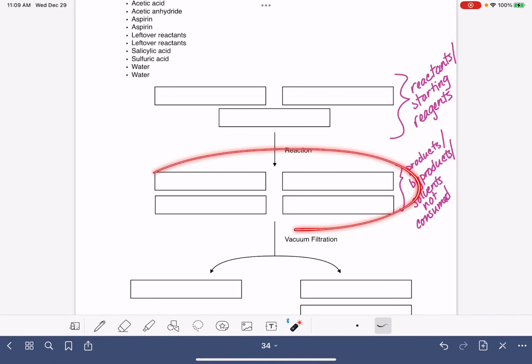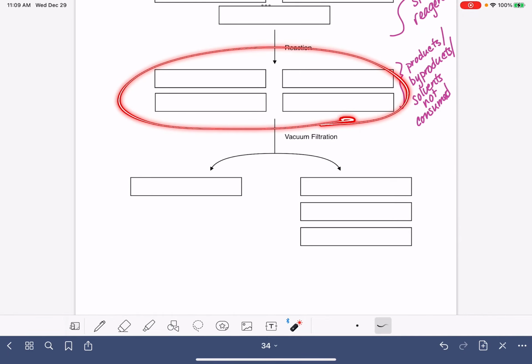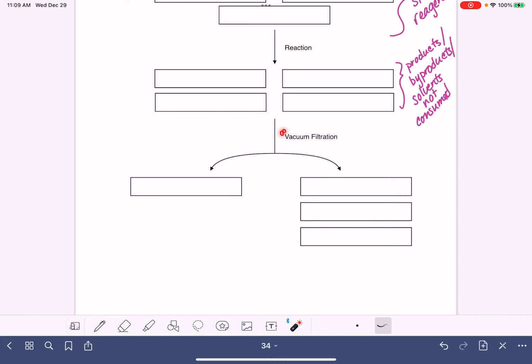When you're filling this out, it's helpful to look at the procedure. It's also helpful to refer to the balanced chemical equation for the reaction to help you identify any of the byproducts.